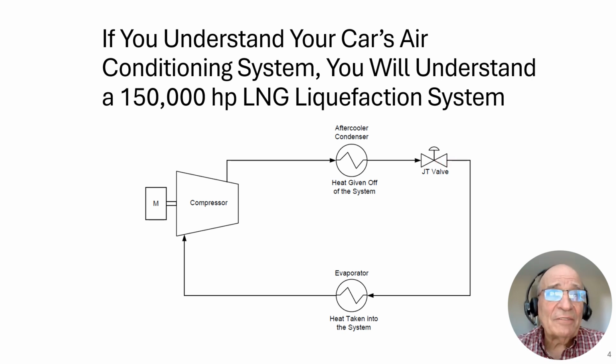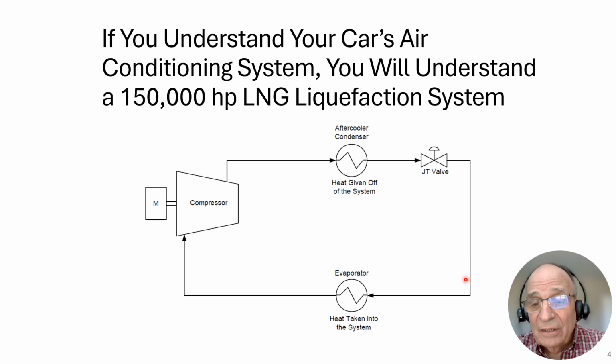Perhaps it's 35 psi and 35 degrees Fahrenheit. Now, it went from 100 degrees Fahrenheit to 35 degrees Fahrenheit because it dropped in pressure and flashed. This 100% liquid is now liquid and vapor.